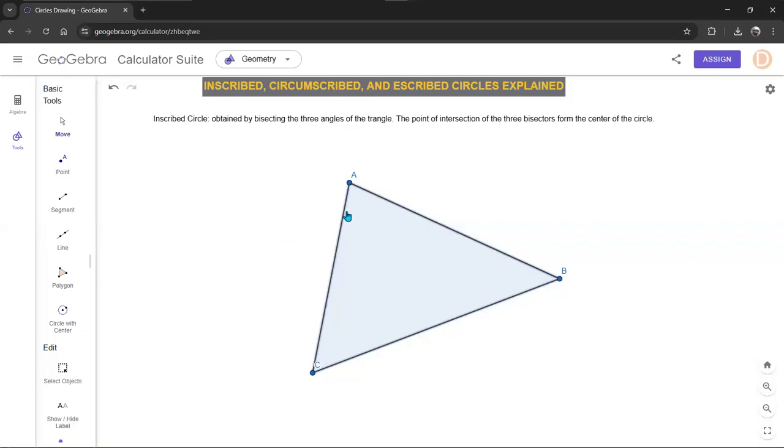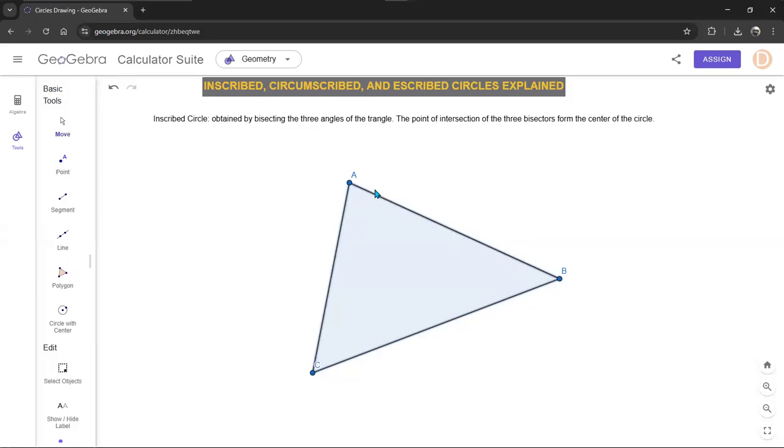So that you can see it clearly. First of all, we have seen that we have three angles: an angle at vertex A, another at vertex B, and another at vertex C. So we want to bisect these three angles.